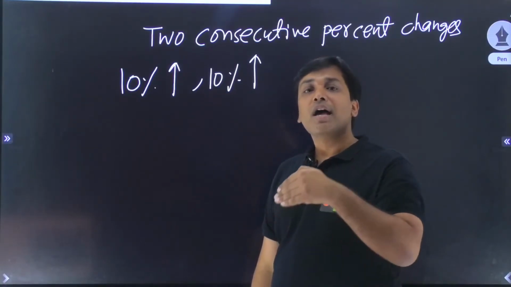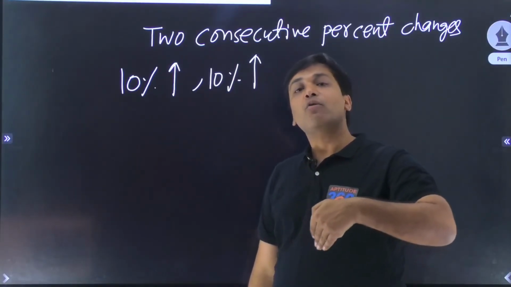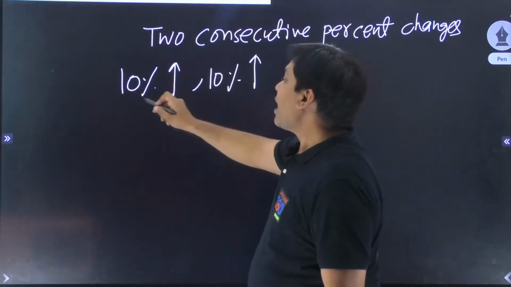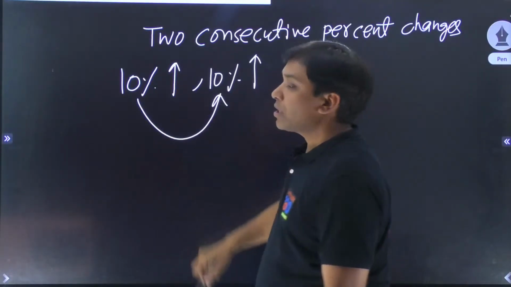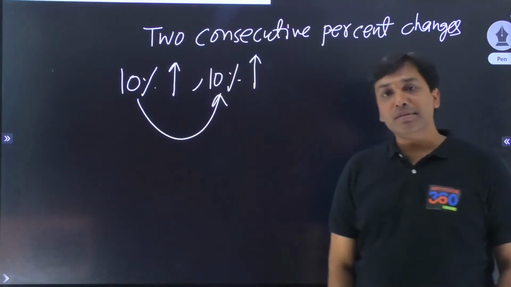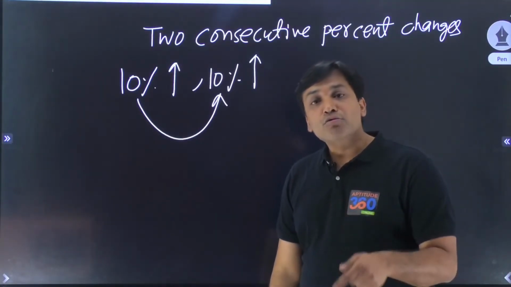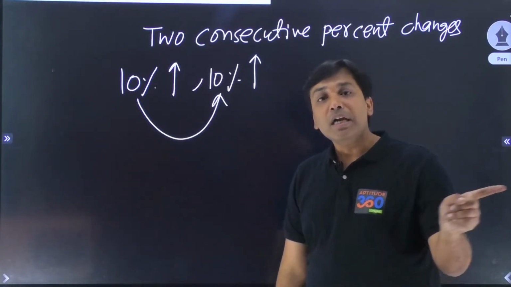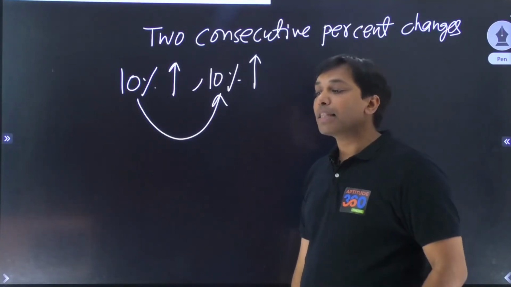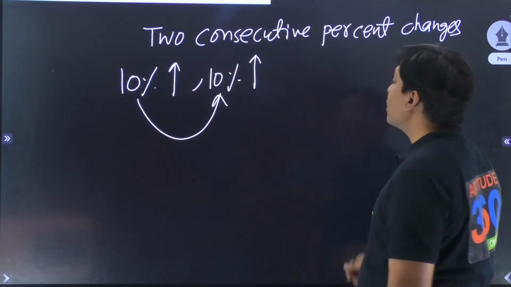The question is, by what percent will the population have increased in these 2 years? What do you think is the answer? In the first year the village population increased by 10%, then in the second year also by 10%, so combining both years, by what percent is the population increasing?